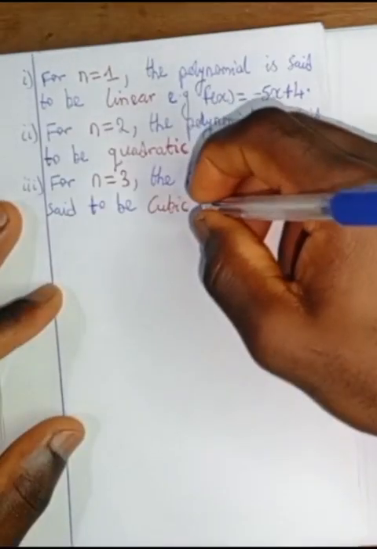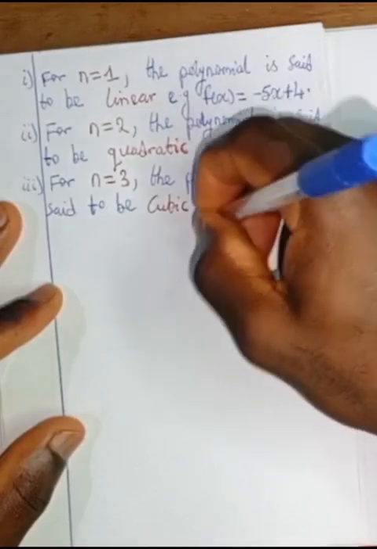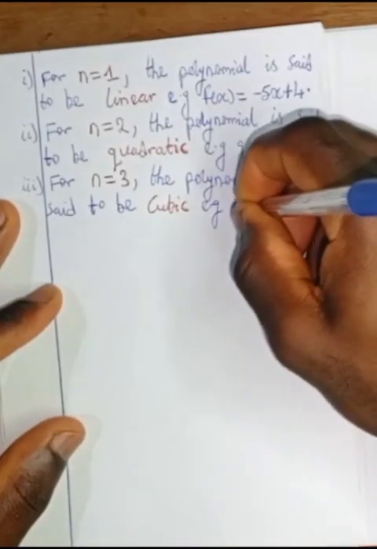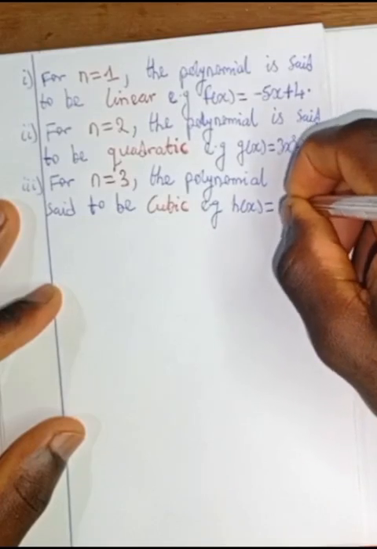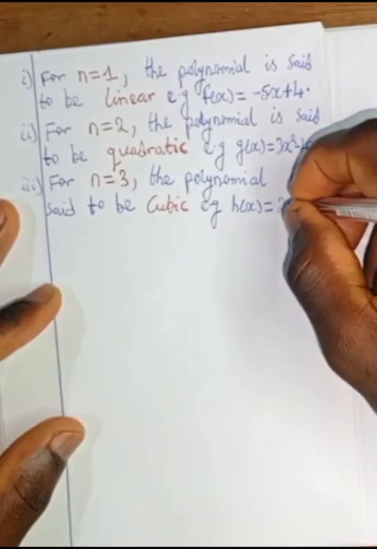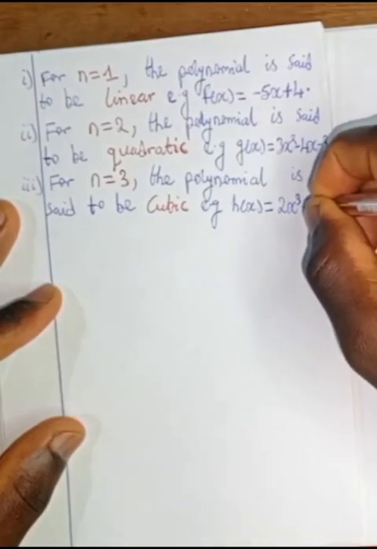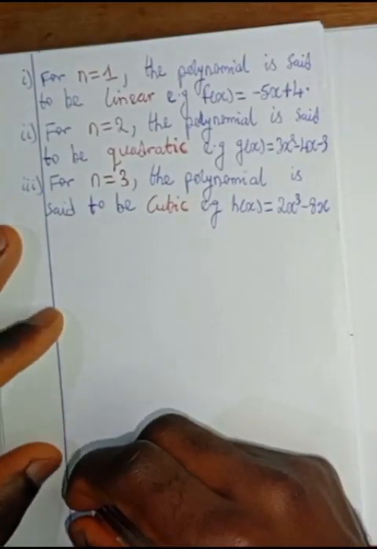E.g., an example of a cubic polynomial, h of x is equal to 2x cubed minus 8x. This is an example of a cubic polynomial.